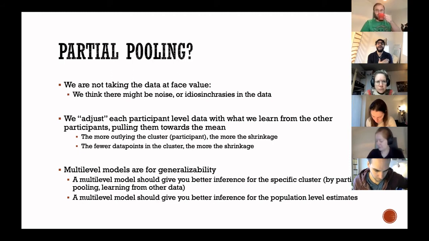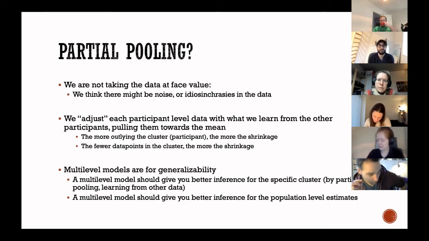And therefore we can correct from what we learn from the other participants so that when next time the participant behaves in a way that is not as extreme, we'll be better at predicting. But also, a multi-level model is aiming at giving you a better inference for the population level estimate. Right?